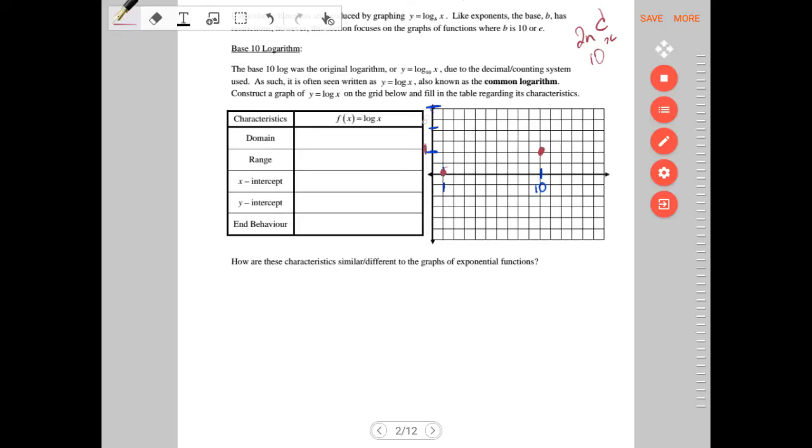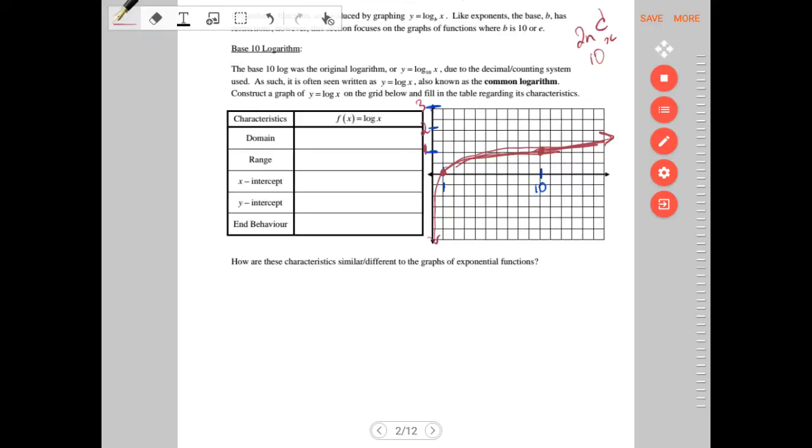So that's a 1, that's a 2, that's a 3. My graph goes like this, very small, through that point, and continues on in both those directions. Sorry, it should look a little more like that. Really hard to draw with these pens.